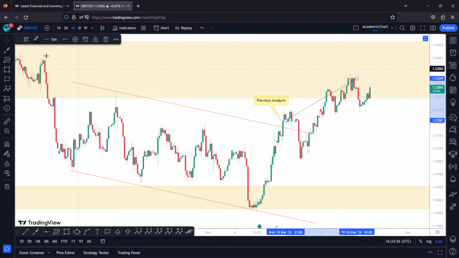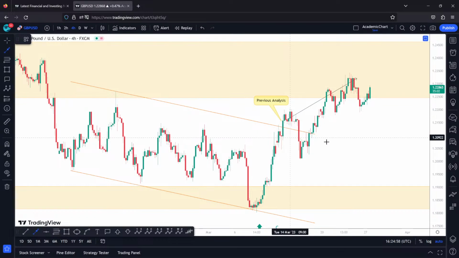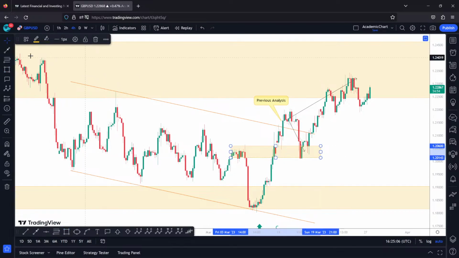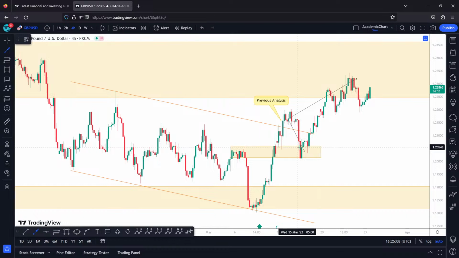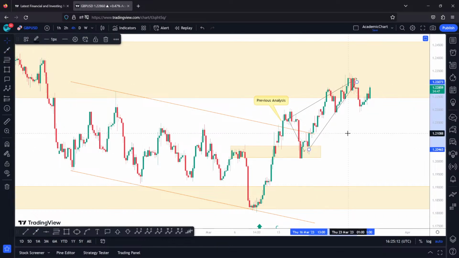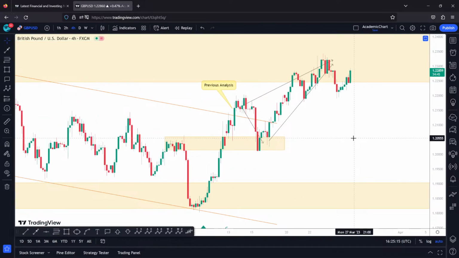Also, we talked about that because it is not that powerful, maybe this is a fake out. We are going to see a return to this level, and this is exactly what happened. And then a little bit faster to this top level. And this is exactly this triangle that I drew here.